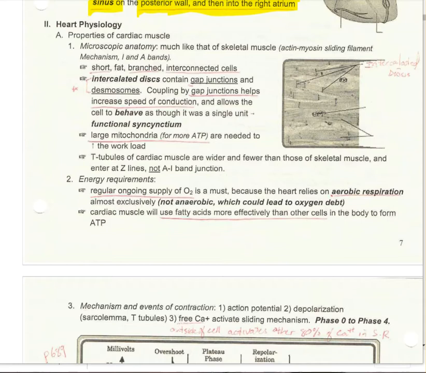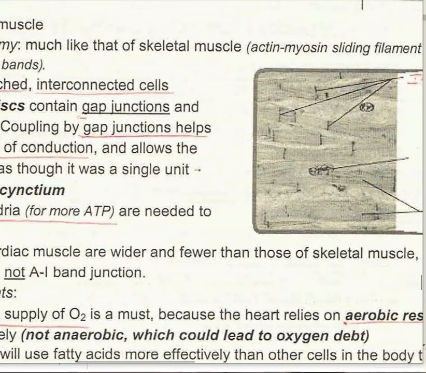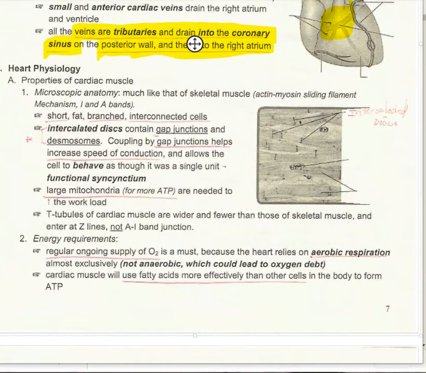This first part is reminding us a lot about cardiac muscle cells and what they look like. And you have a picture here, not a very good picture, but a picture nonetheless of cardiac muscle cells. One thing that we want to remember, and what's mostly underlined here, is that they are similar to skeletal muscle in that they have striations.